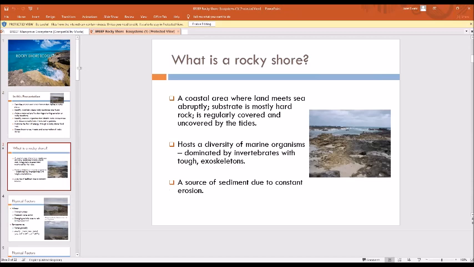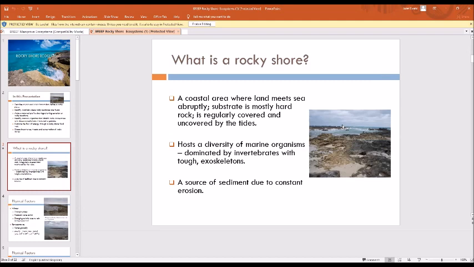We would have covered this part in our last class, about what a rocky shore basically is. As the name implies, a rocky shore is just a part of the shore that has a lot of rocks right next to the beach.